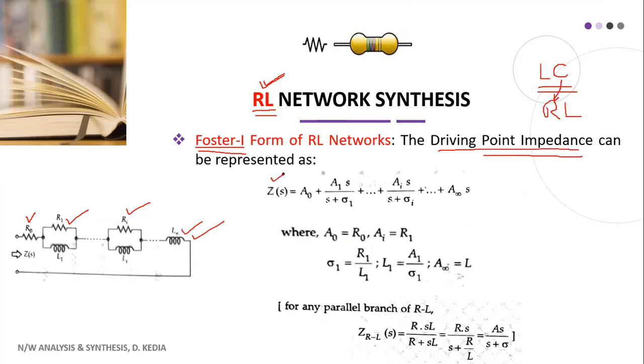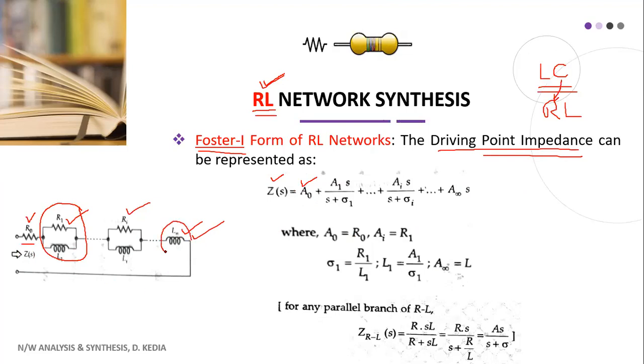Now let us write the equivalent Laplace representation. R naught is a constant, so we will have a constant A naught. Now this is an RL parallel combination. We will just derive how it looks in the form of Laplace.